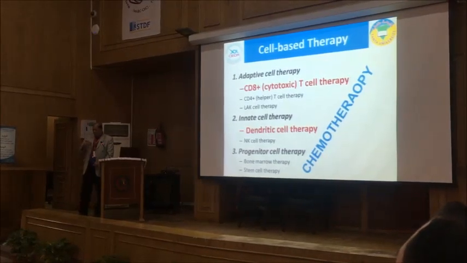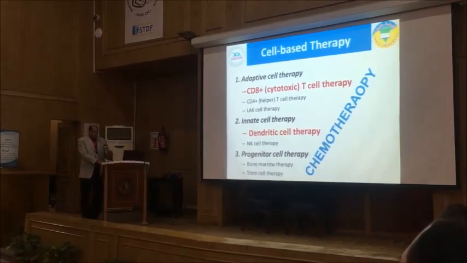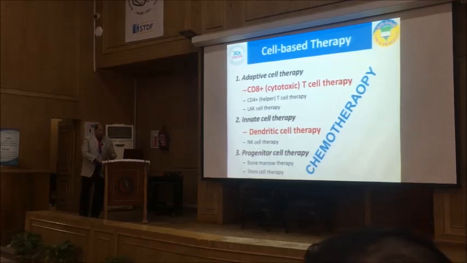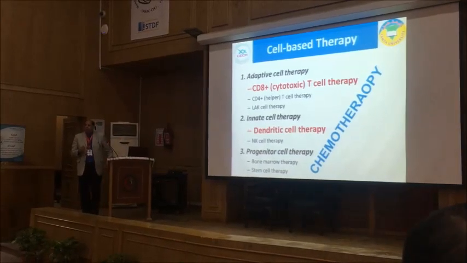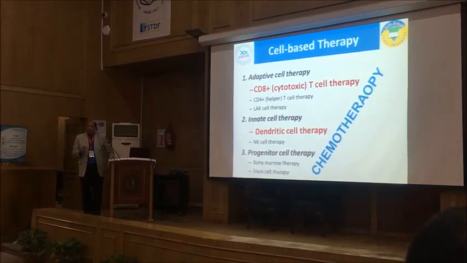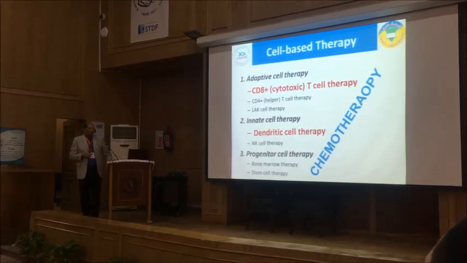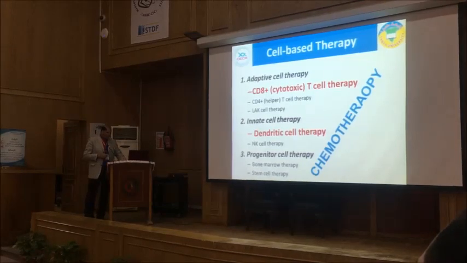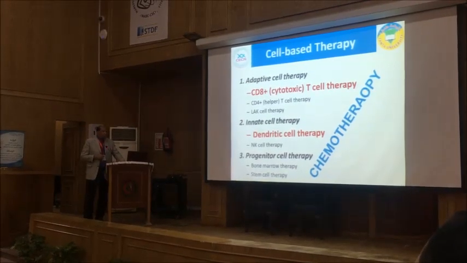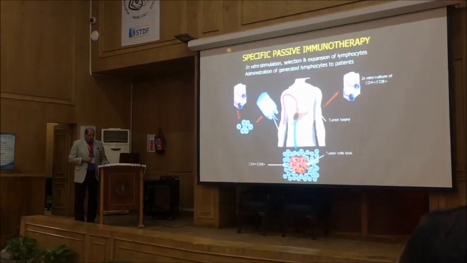Based on our studies, we found that cell-based therapy doesn't work perfectly unless you precondition the host with chemotherapy before adaptive T cell therapy. That's why the combination is very important.